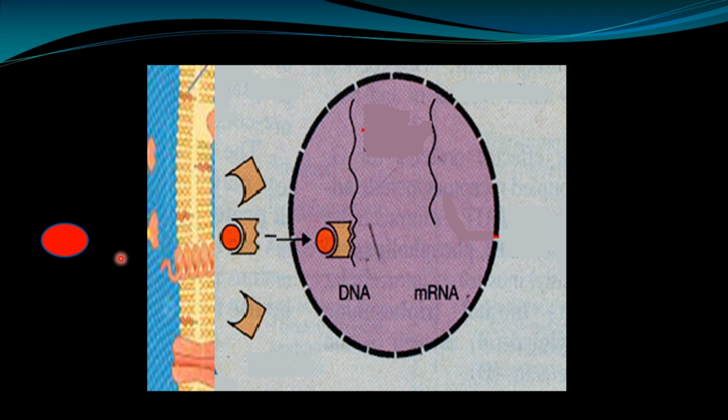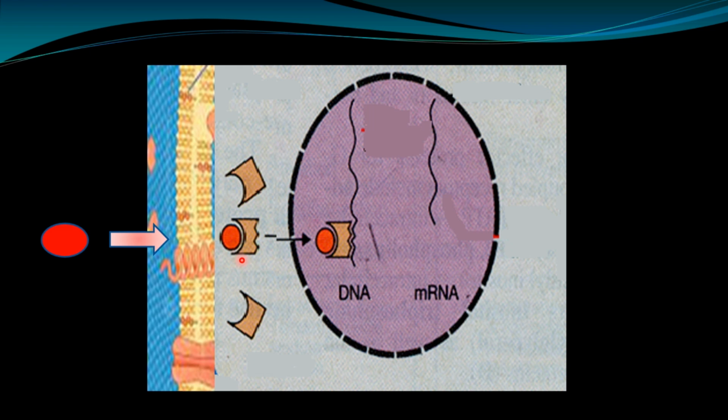And these steroid hormones are highly lipid soluble. So because of their lipid solubility, this hormone diffuses through the membrane very easily. And this hormone binds with the receptor which is present in the cytoplasm, and it forms the drug receptor complex, or the hormone receptor complex.